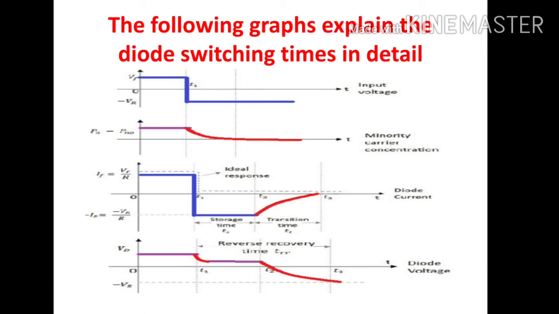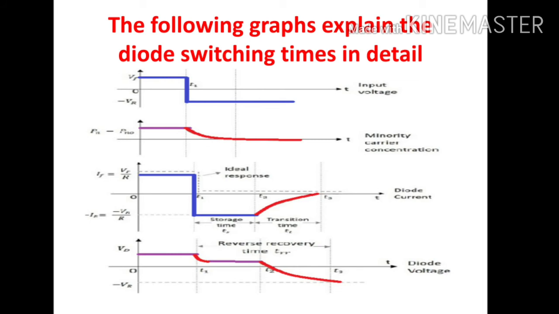In other words it is framed as the storage time. So it is clearly mentioned in the third graph here. The third graph is between the forward current and reverse current, forward current on the positive side, reverse current on the negative side, and on the x-axis we have time duration, and on the y-axis we have the diode current.